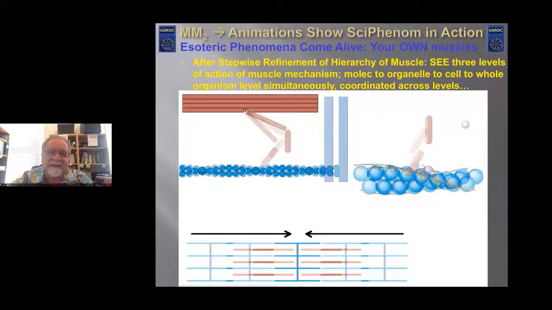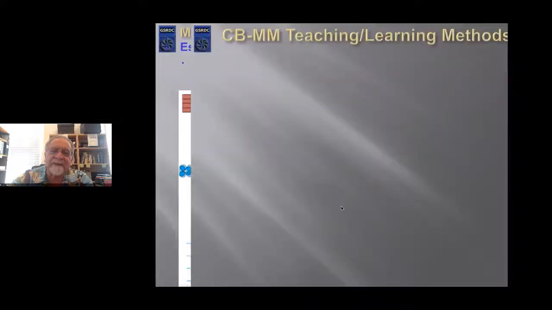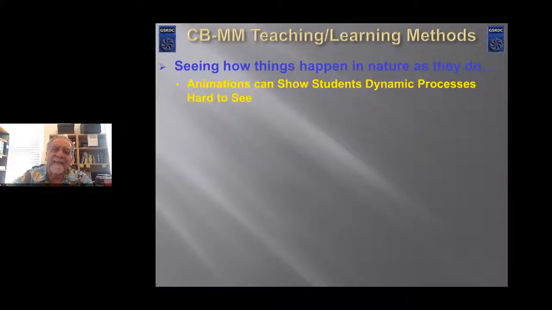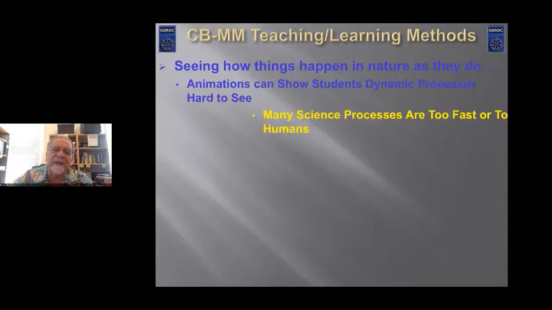Now, you couldn't see that, and that was 4 or 5 different levels of hierarchy shown at the same time and simultaneously for them to learn this. So see things how they happen in nature, show dynamic processes.